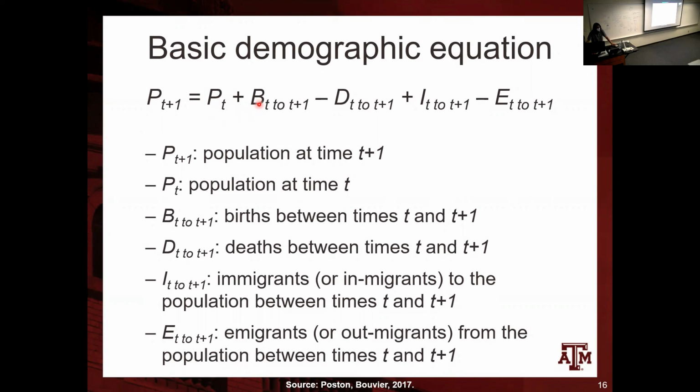And we know the number of births that happened in that specific country between January 1st and December 31st, 2020. So we add those people who were born in 2020 to the population at the beginning of the period. And we subtract the number of people who died in that same year.